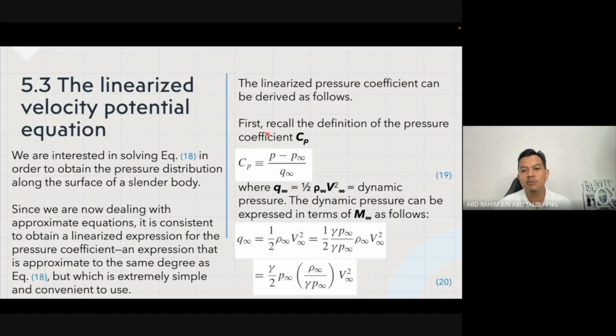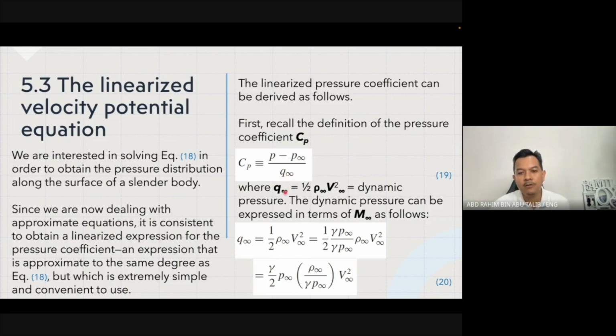So first, we want to recall the definition of pressure coefficient, Cp, where Cp is equal to the pressure P minus the free stream pressure, divided by Q infinity, the free stream Q, which is actually the dynamic pressure.